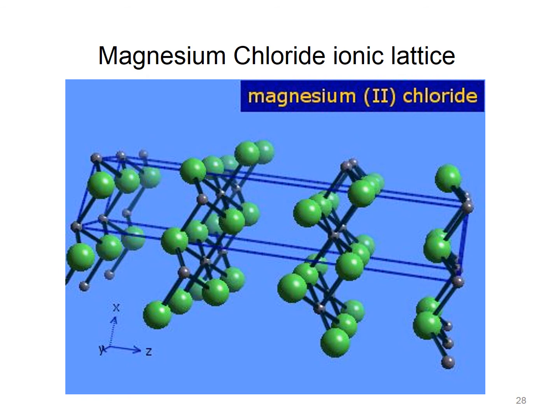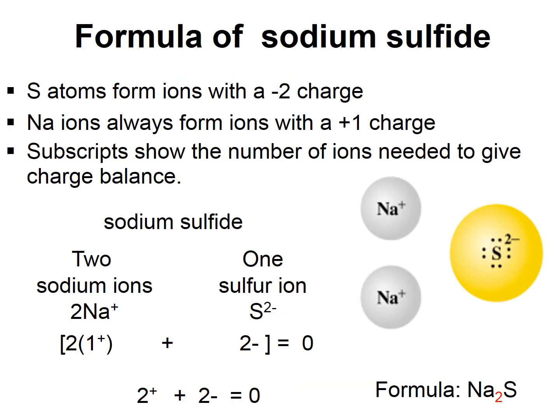It's a little tricky to look at, but if you look at each group at a time, you can see that there are approximately 2 greens for every 1 gray. Now, again, this is going to continue in all directions, essentially infinitely for billions and billions of molecules. But you can see that pattern repeating where every magnesium is surrounded by 2 equivalent chlorides.